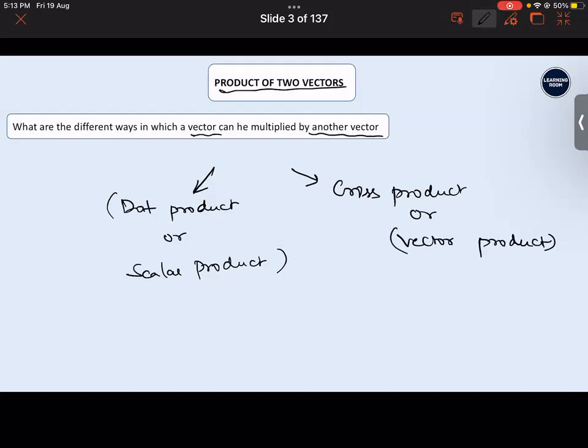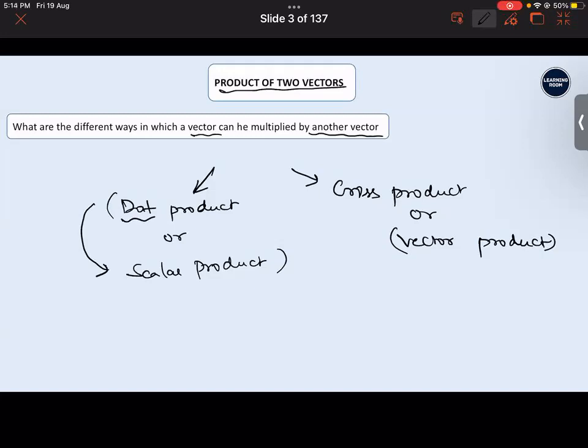The logic is very simple. When you perform the dot operation between two vectors, the output will be a scalar. That is why the dot product of two vectors gives you a scalar.